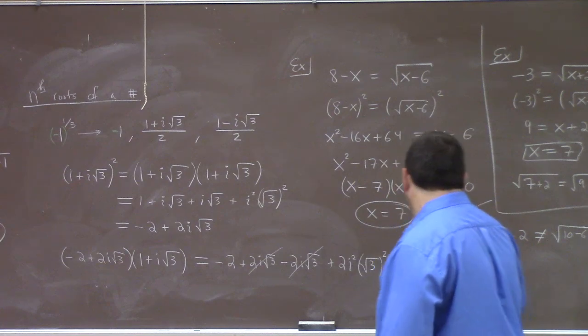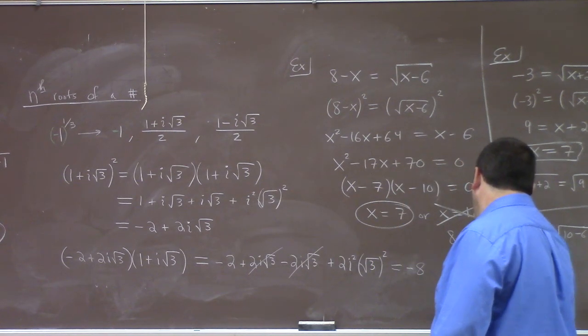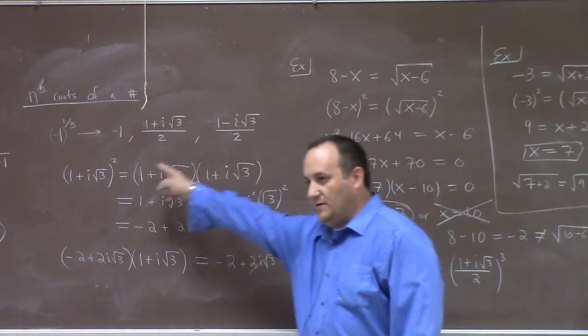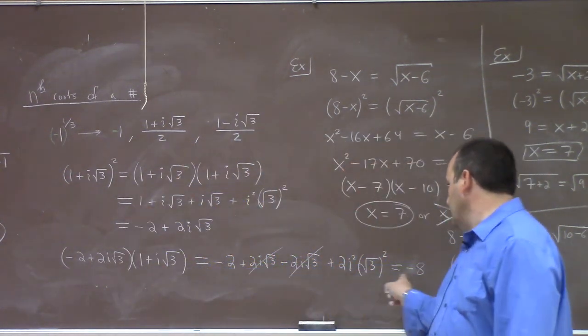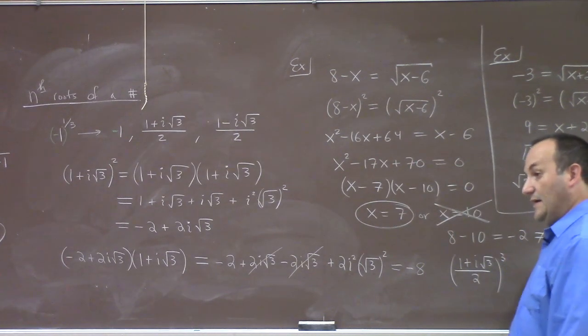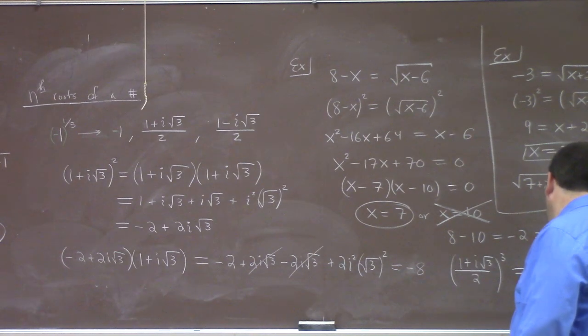See, what this means is if we take 1 plus I square root of 3, over 2, and we cube it, if you look at this calculation, we've just shown that the cube is equal to minus 8 without the 2. So if you include the 2, you get minus 8 over 8, which is equal to minus 1.